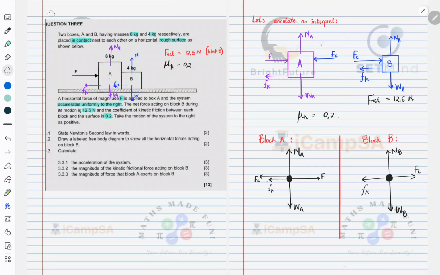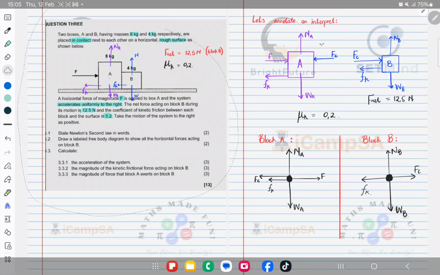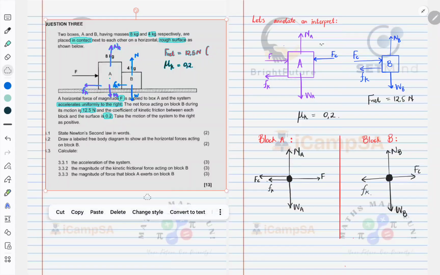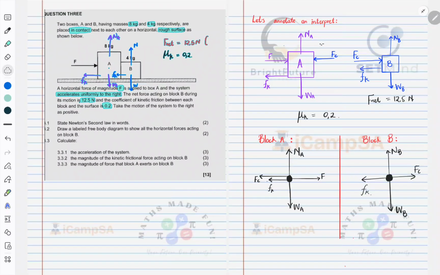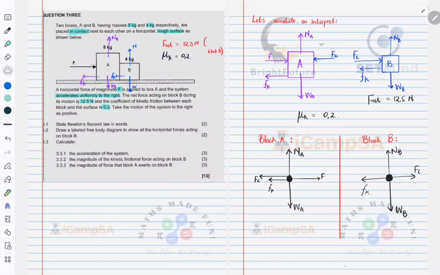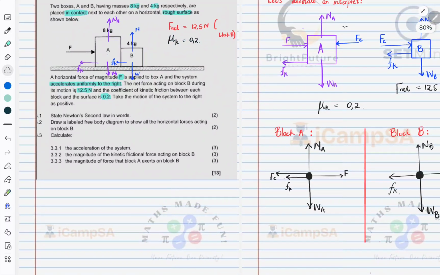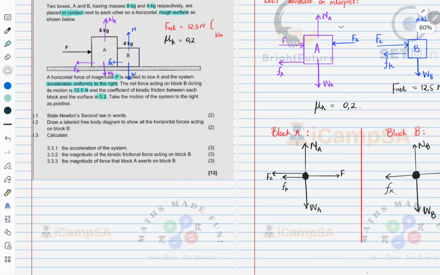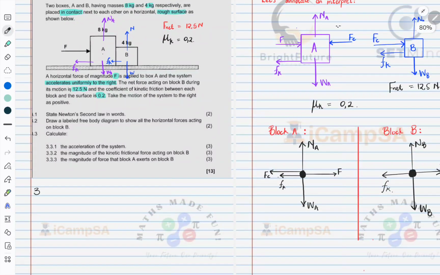The first question asks us to state Newton's second law of motion in words. Keyword is in words, right? So we are told to state it in words, and by now you should know it off by heart.